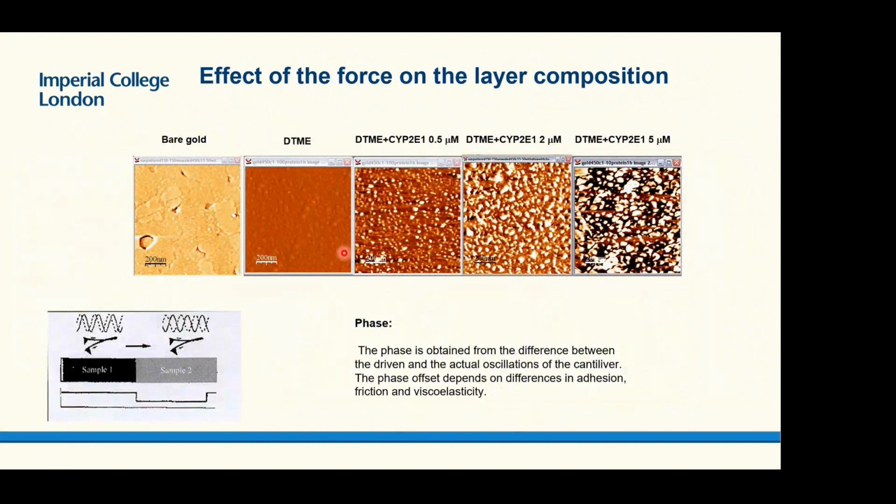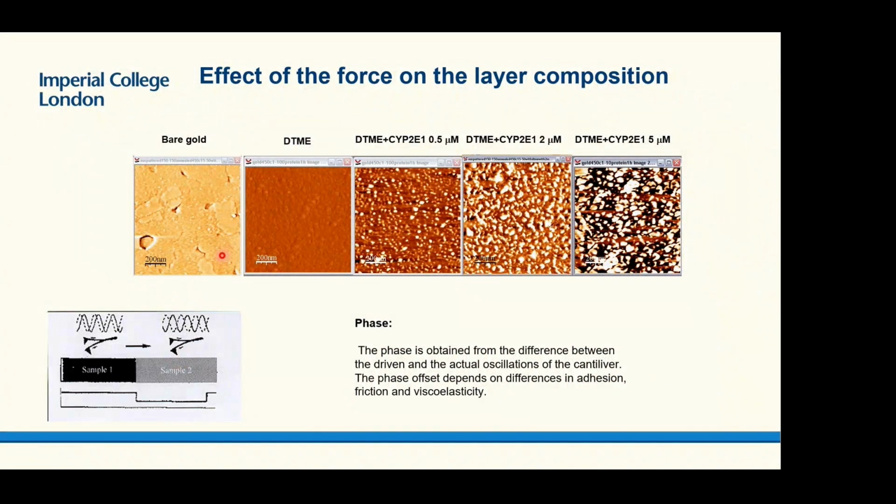Together with that, we can also use the phase that is obtained together when you're working in tapping mode in AFM, because this gives you an indication of the different type of interaction of the tip with the surface.